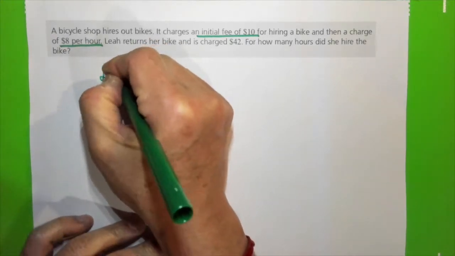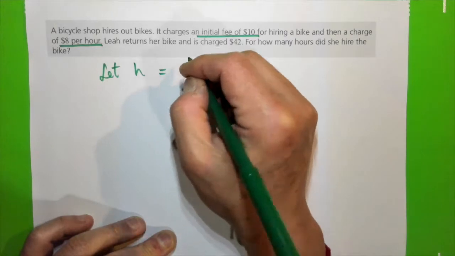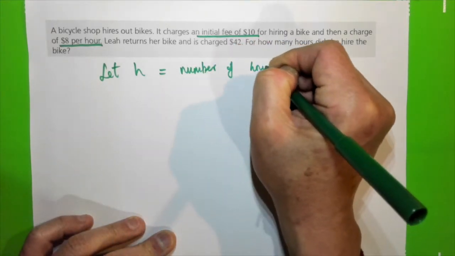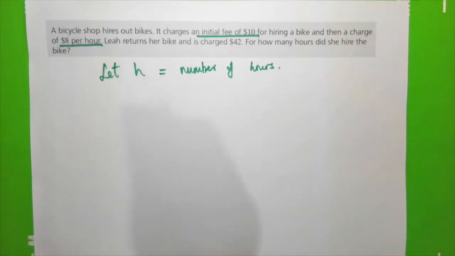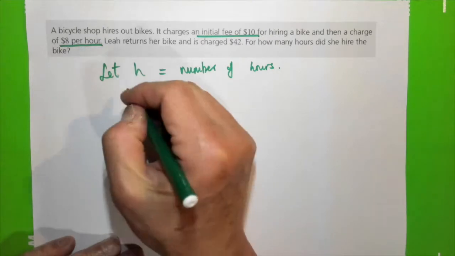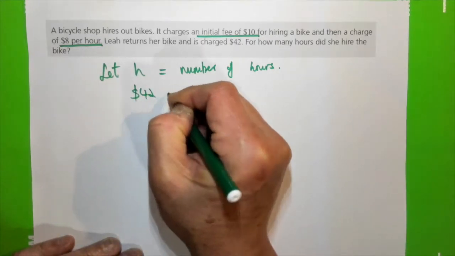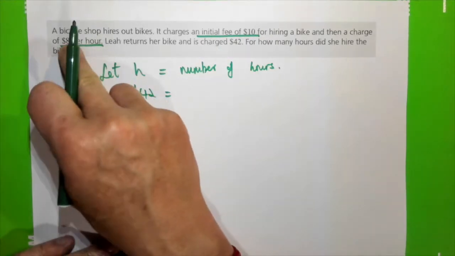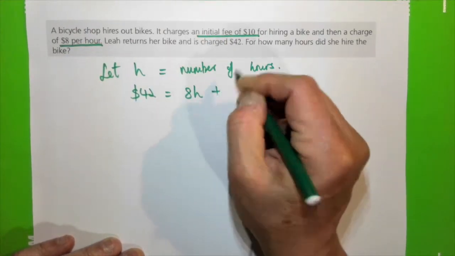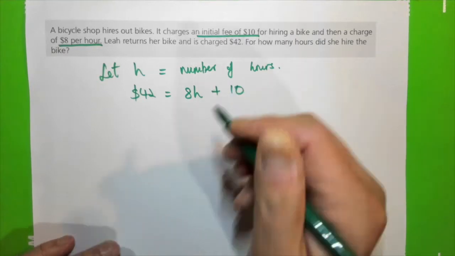So let h be the number of hours. We know that Leah is charged $42. 42 equals 8 times h plus a set fee of $10.